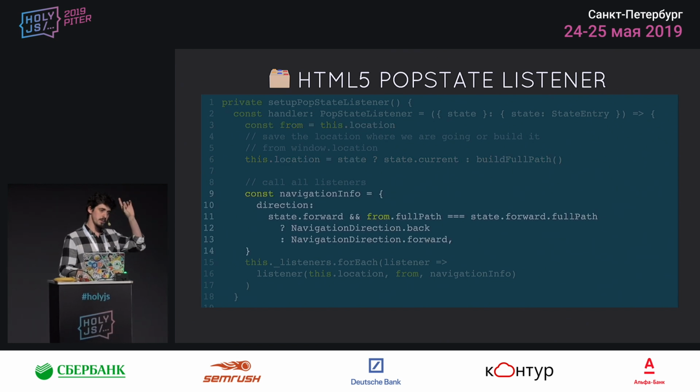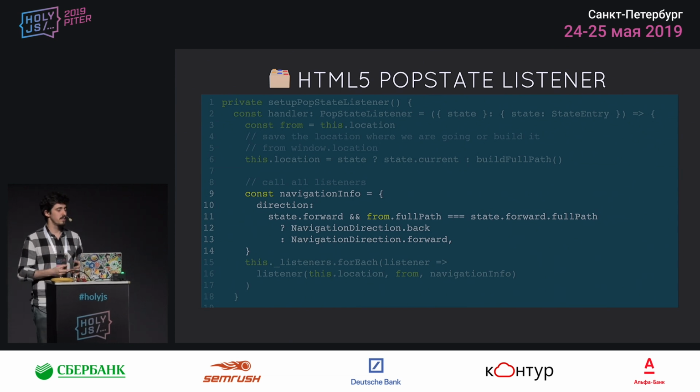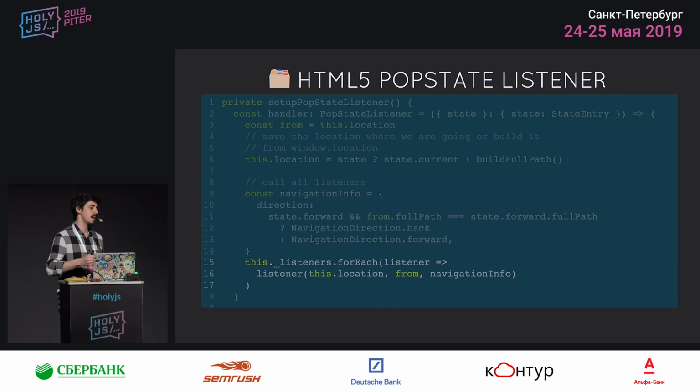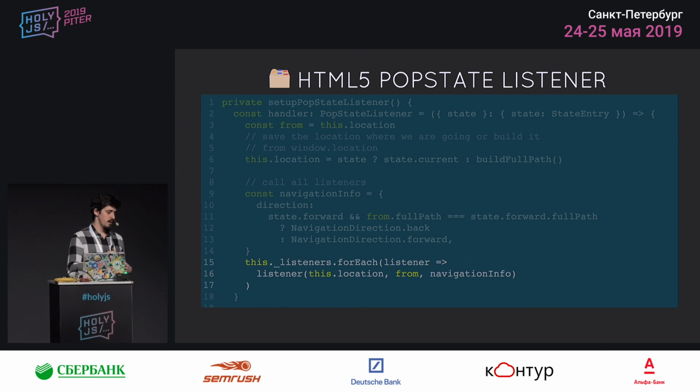And this is the part I was telling you before. We're going to check if we're going forward or backwards by comparing the location we are going to with the state.forward, if it exists. And that gives us the information of a back button or the forward button. And then we're going to trigger every single listener attached to the HTML5 class using this handler.